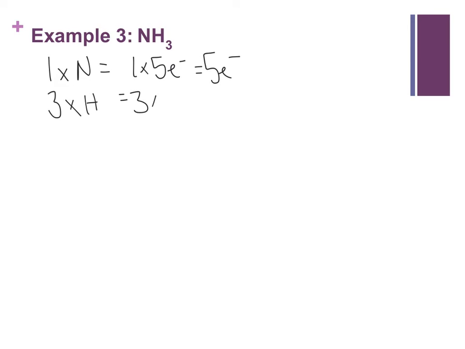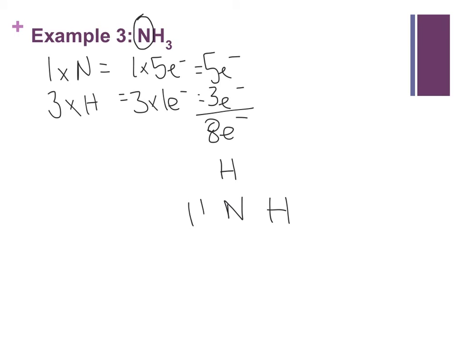Each has 1 valence electron, so that gives us 3 electrons total, for a total of 8 electrons. Now our rule says the lowest valence number goes in the middle except hydrogen, so that means that nitrogen is going to be in the middle. It's going to be surrounded by 3 hydrogens, so we can put 1 on each side of the nitrogen.